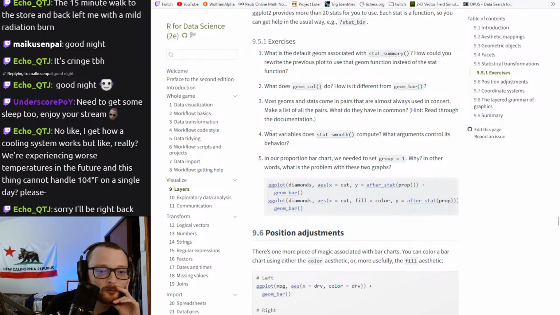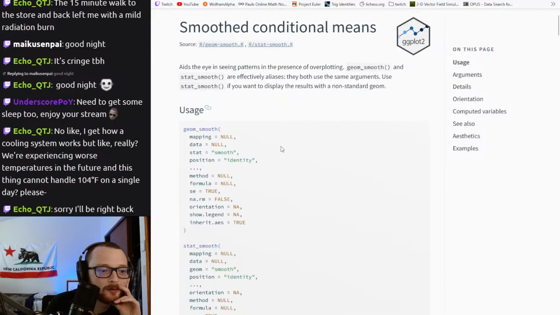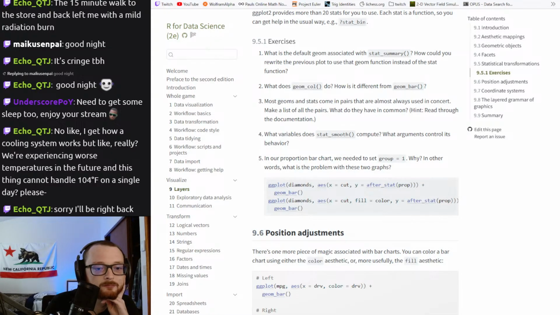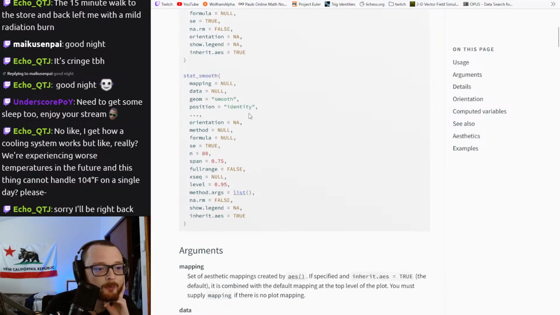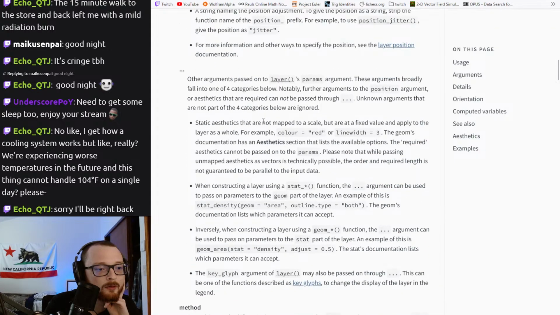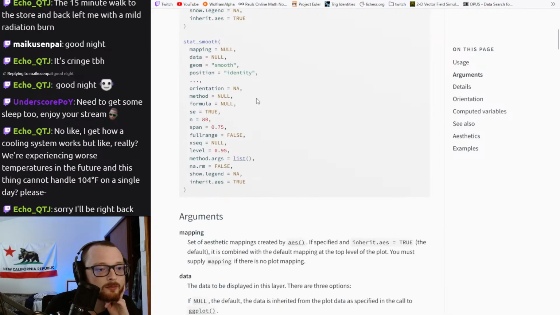What variable does stat_smooth compute? What arguments control its behavior? Well, it calculates a smooth, which is like a polynomial, a least squares type of thing. Oh wait, never mind. This is geom_smooth, stat_smooth. I just need to look at the documentation, not the description down below, but I want to see what the parameters are first.